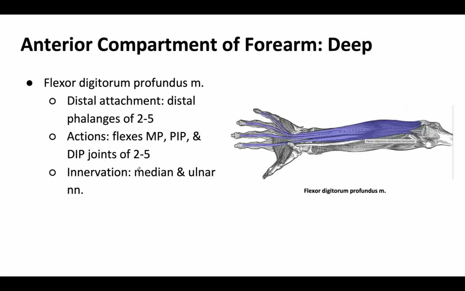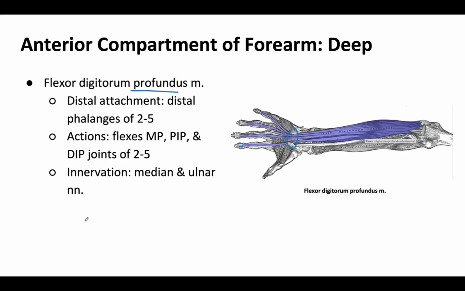Deep to the flexor digitorum superficialis muscle is a very similar muscle called the flexor digitorum profundus, which also has four long tendons that also travel through the carpal tunnel. But these tendons go all the way to the distal phalanges. So we can probably have this highlighted a little bit more. You can see where the tendons go into the distal phalanges.